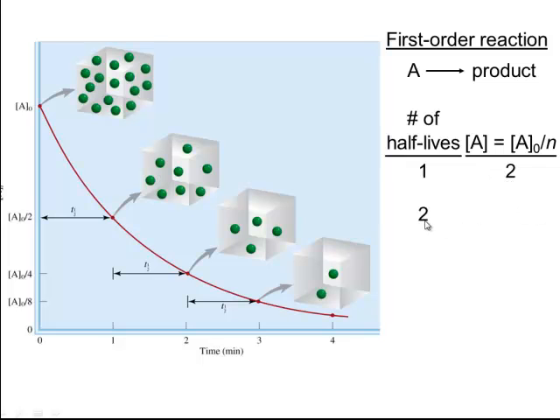At the end of 2 half-lives, the concentration of the reactant will be A0 by 4, and at the end of 3 half-lives, the concentration of A will be 1/8 the initial concentration of A.